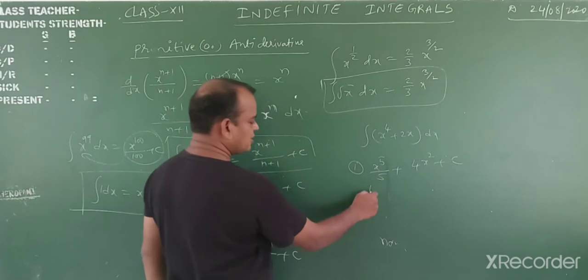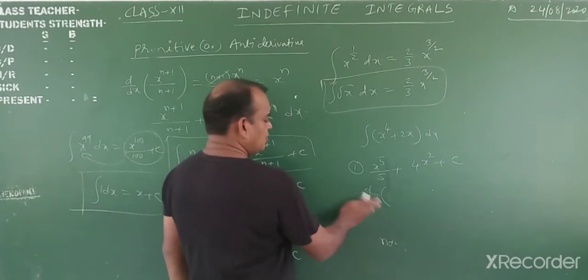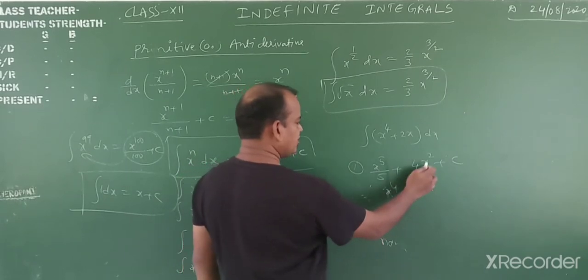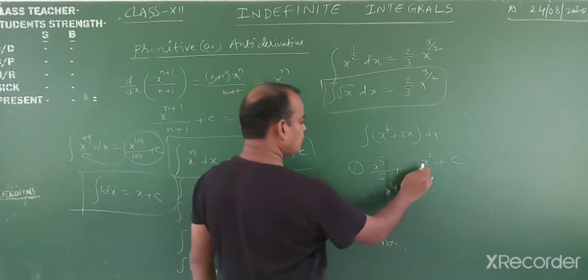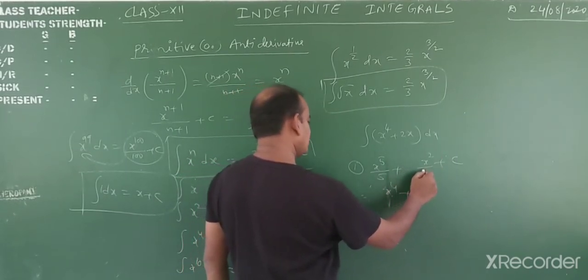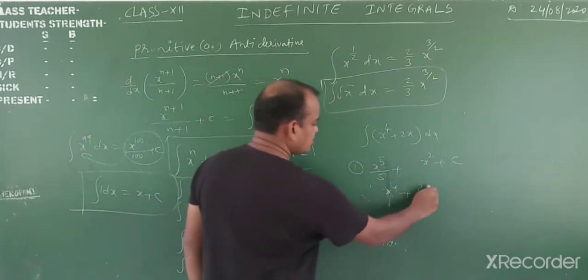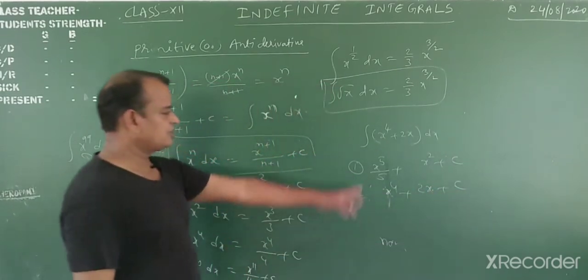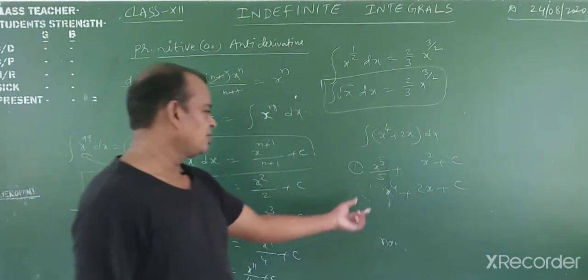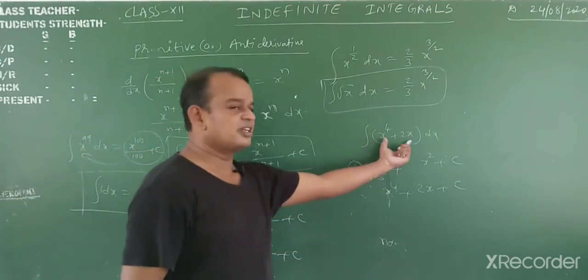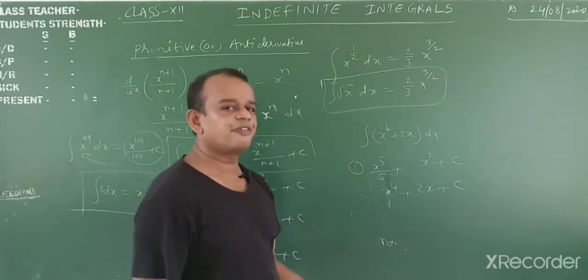Now the differentiation of this: 5x^4 by 5 means x^4, the derivative of x^5 by 5. The derivative of x square is 2x. That's all, a simple x square derivative. Means you differentiate the options and we will get this function. That is the perfect answer.